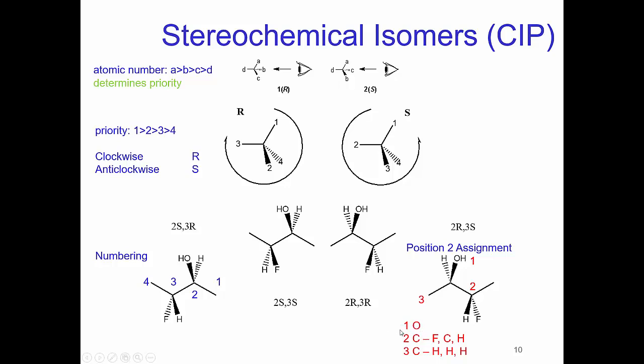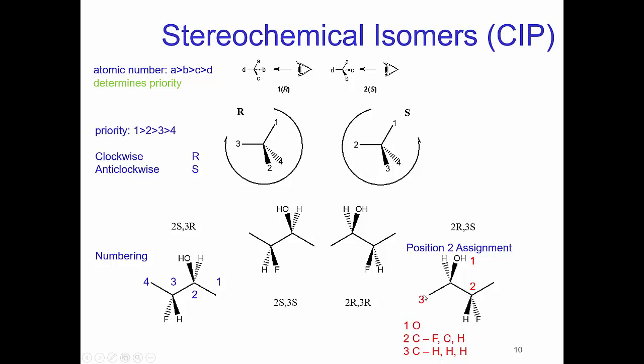So, in the first place, we were easily able to identify the priority of this over these 2. But now in order to get this, we have to do a second step. So if we want to consider the branching, the branching goes out to what is attached to this carbon. Okay, well, the position here has a fluorine, a carbon, and a hydrogen.